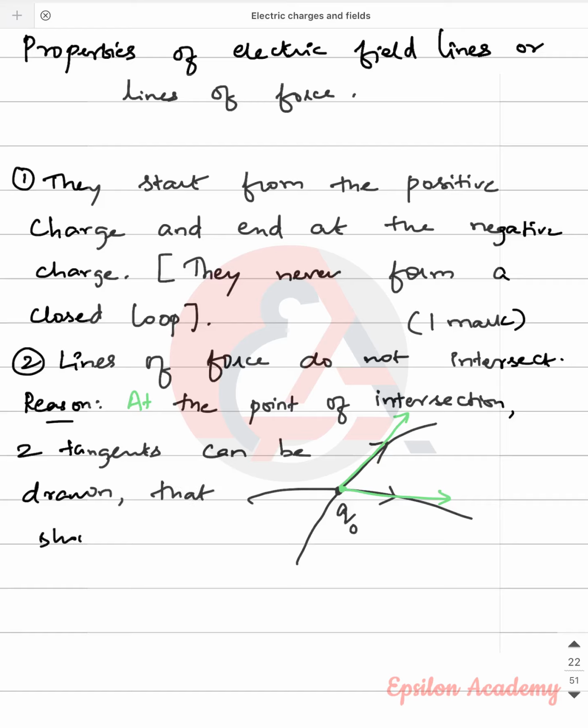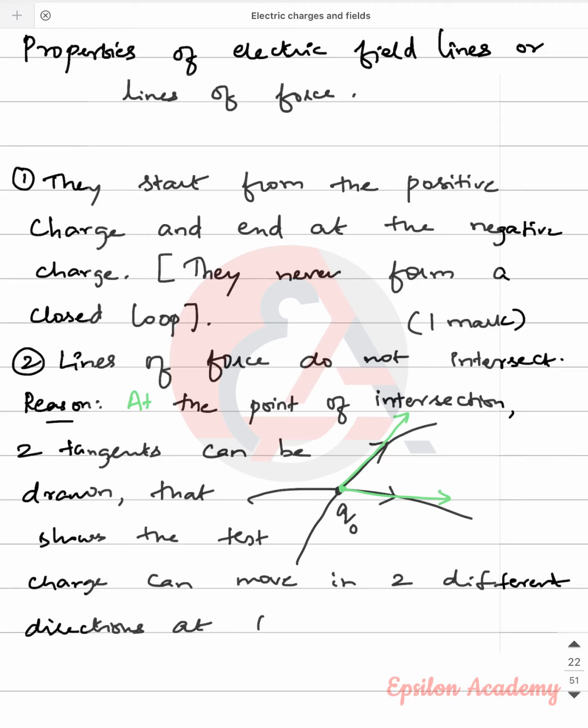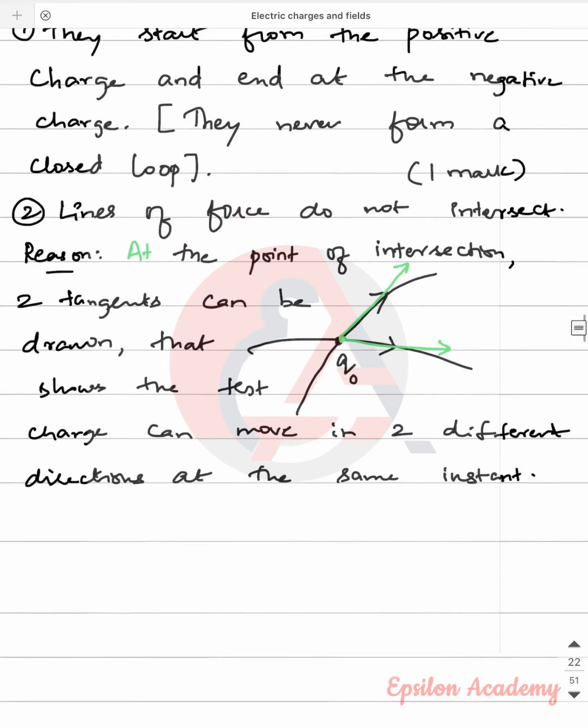That shows the test charge can move in two different directions at the same instant, which is definitely not going to be a possibility. So remember, this is a very, very important point. So this point has a link to the next chapter as well. Have this in your mind.